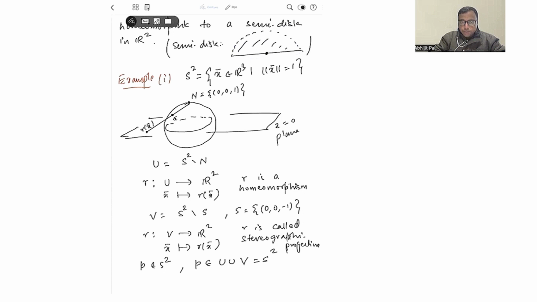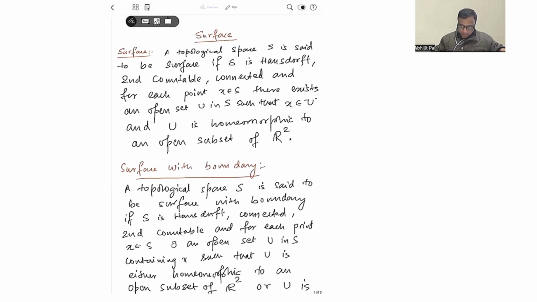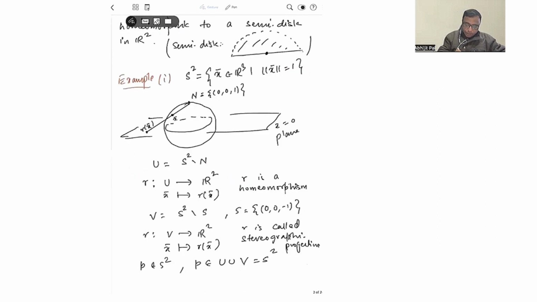So this is the definition of the semi-disk in R2. So if an open subset U of S is homeomorphic to an open subset of R2, or U is homeomorphic to a semi-disk in R2, then we call that space a surface with boundary.